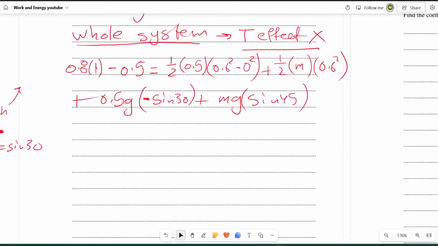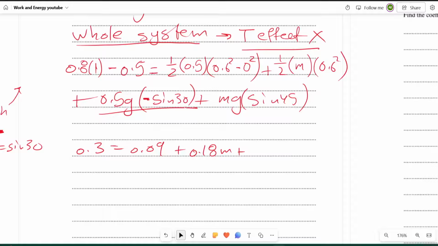So 0.8 times 1 minus 0.5 is basically 0.3, equals half times 0.5 times 0.6 squared minus 0 squared, which is 0.09, plus half times m times 0.6 squared, which is basically 0.18 m, plus this term, which is 0.5 times 10 times negative sine 30.